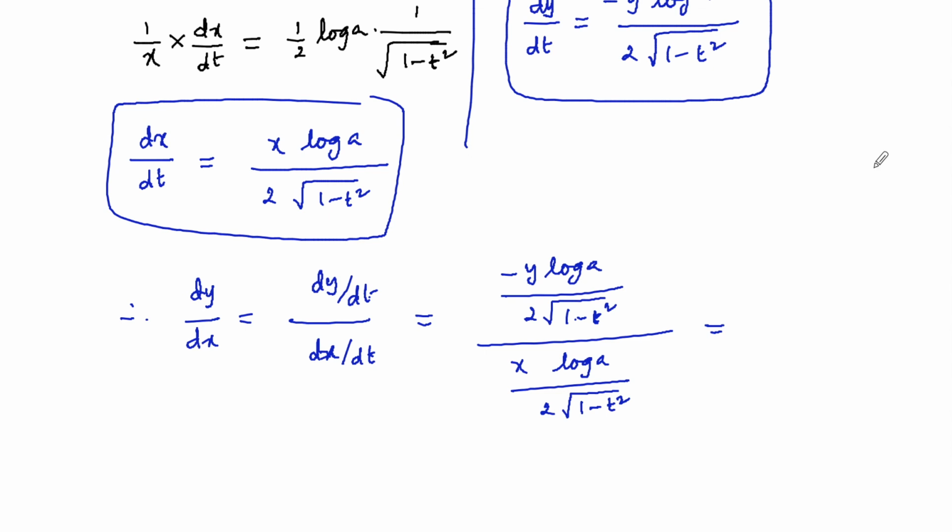So we can cancel these terms. So we have minus y upon x. Hence proved. As we needed to prove dy by dx is equal to minus y upon x, we proved it.